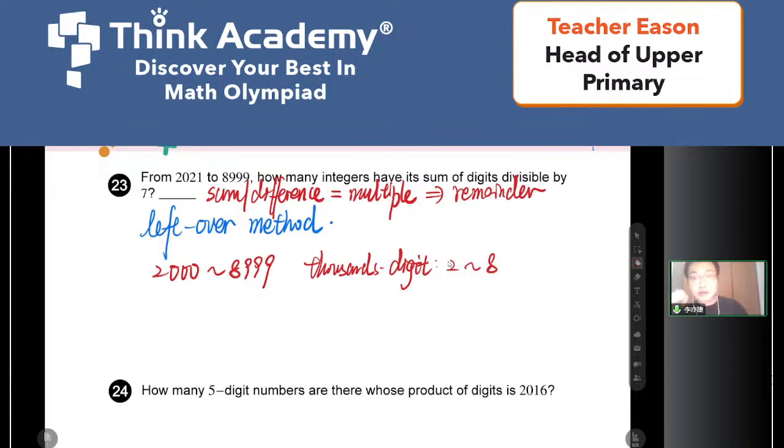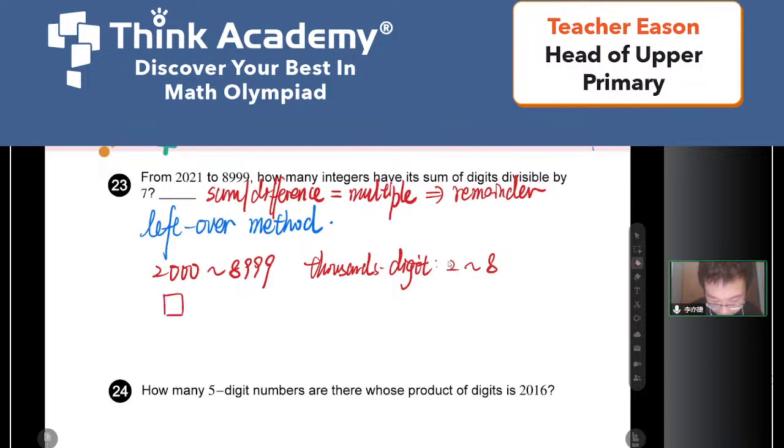How many numbers are there for 2 to 8? Actually, 7 numbers, right? So the 7 consecutive numbers would have remainders when divided by 7 of 0, 1, 2, 3, 4, 5, 6, each of them exactly once. And this is the hint. So how do we use this? We can treat the 1000 digit as the leftover number.